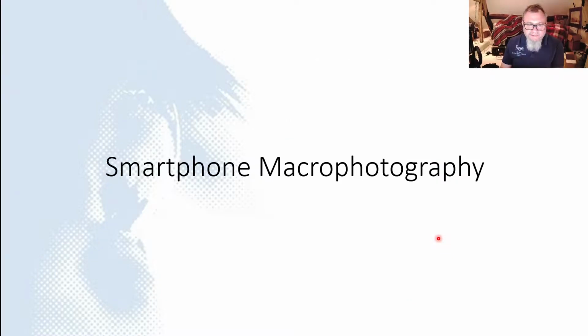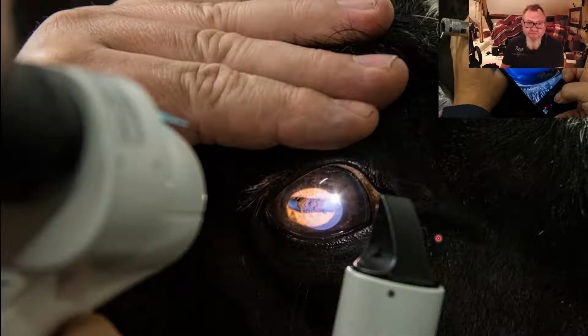So the next part of the talk is about how we get much better close-up images to see some of the pathology in our patients. We're going to talk about smartphone macro photography. Now, ophthalmologists are used to using this concept all the time.